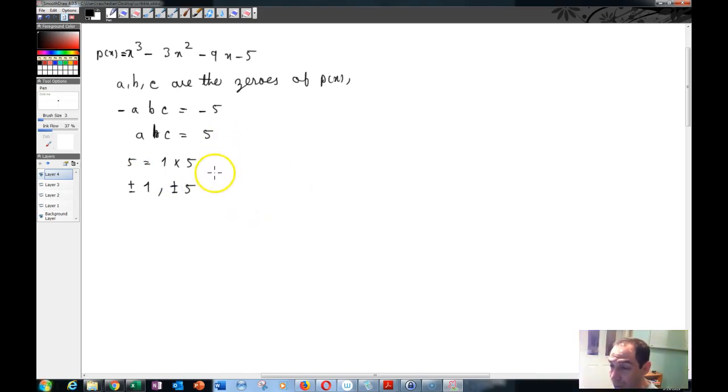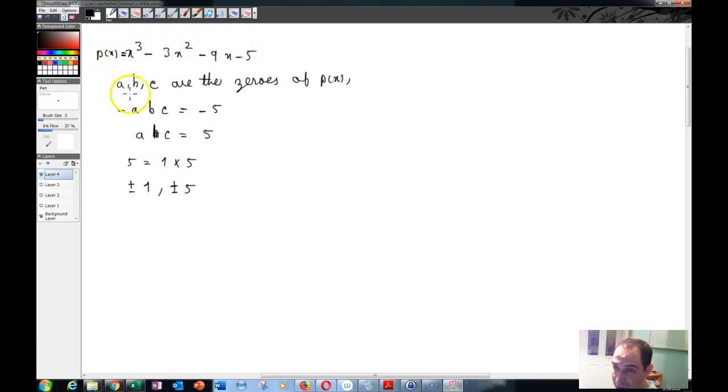So the different possibilities for the zeros are plus or minus 1 and plus or minus 5.